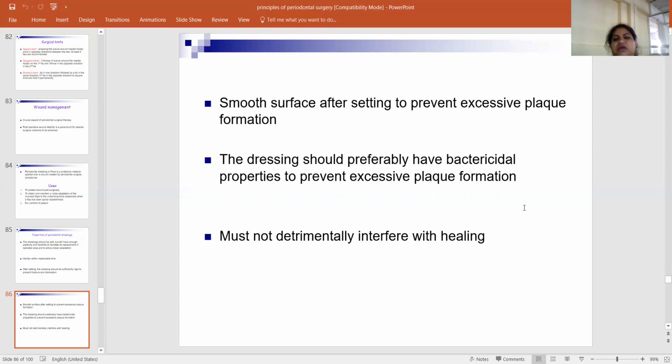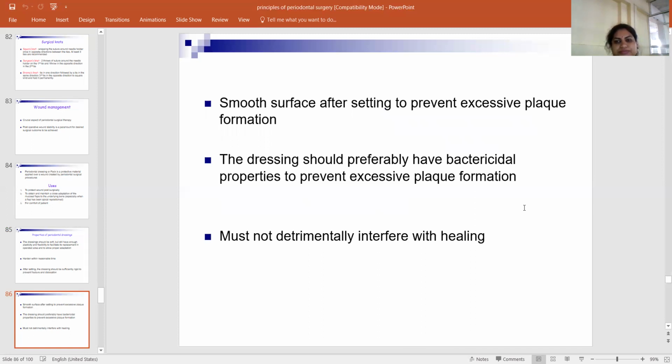So what happens if there is a granular surface after setting? There will be a rough surface. There will be more deposition of plaque. There will be deposits of food debris and materia alba also. All that you eat will deposit on the periodontal pad. So after setting it should be plain.